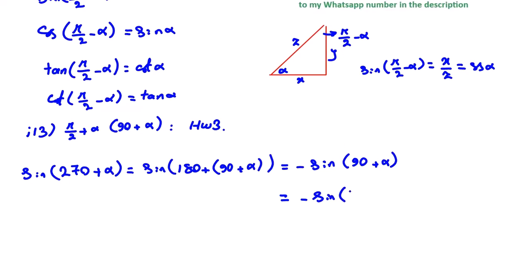Here we can say it is 180 minus 90 minus alpha. Do you agree it will be this? So we said minus sine, and sine of 180 minus something is sine of that part, sine of 90 minus alpha. And sine of 90 minus alpha, we know, is equal to sine alpha. Okay, so sometimes we can use these rules more than once to find what we want.